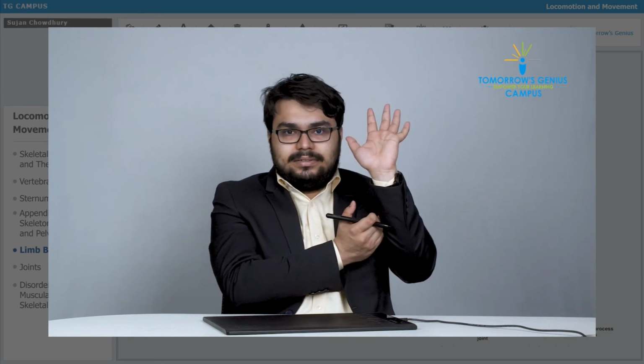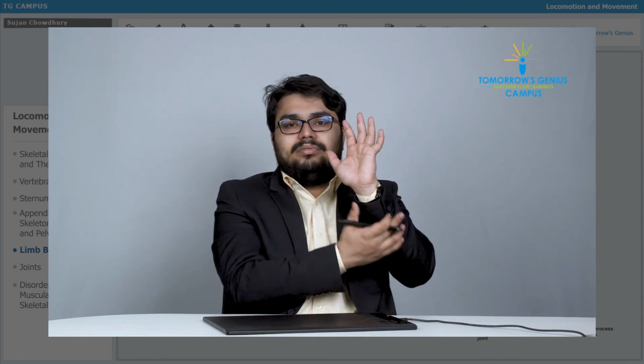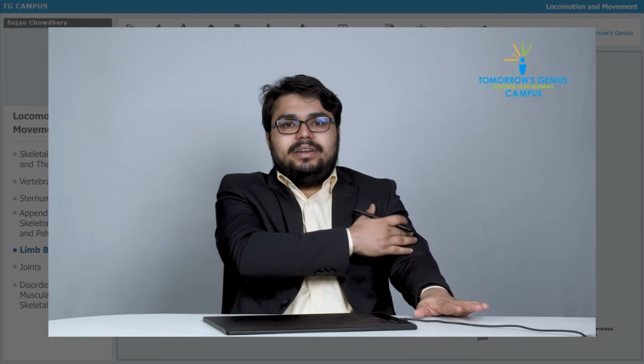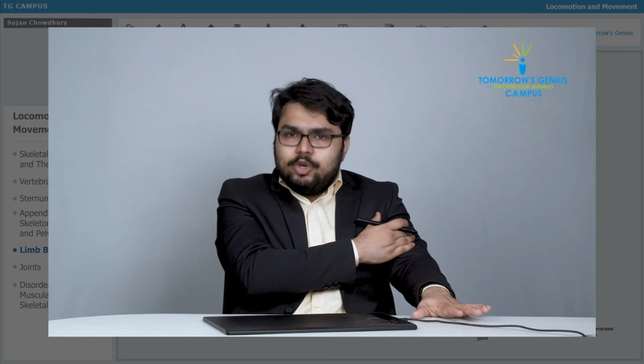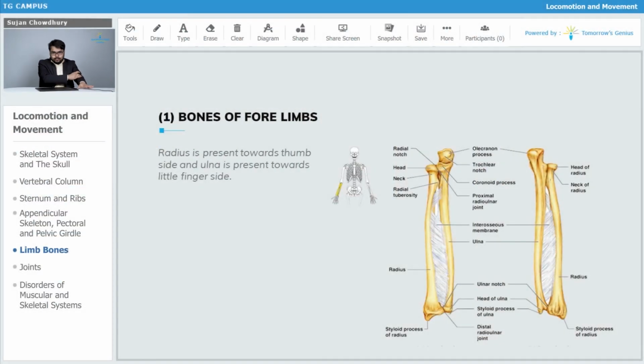So radius and ulna are the two bones of the middle part of the forelimb in humans. Whereas there is a large bone, humerus, present between the shoulder and the elbow. The radius is smaller and ulna is comparatively larger.